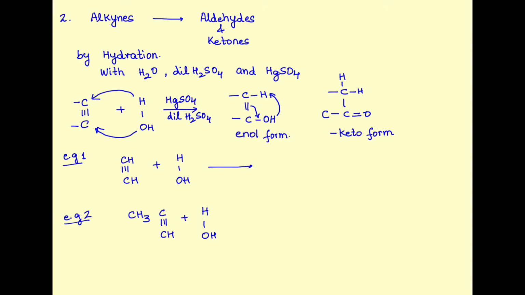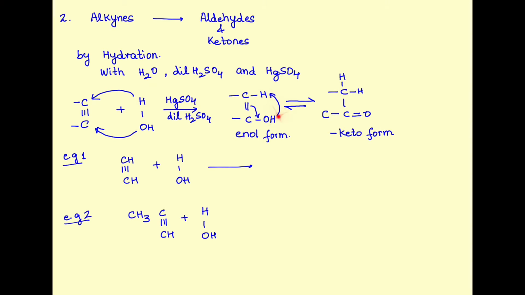The two tend to be in equilibrium, but that equilibrium lies more towards the keto side because of its higher stability. So we will again show it by a reversible arrow, but our arrow is pointing more towards the right hand side, that is the ketonic side, right?